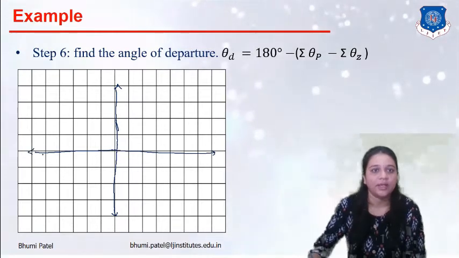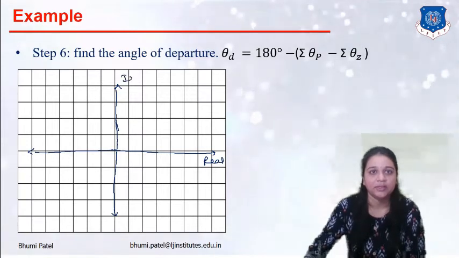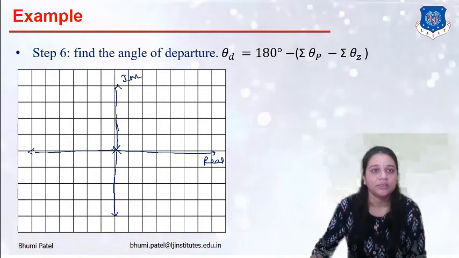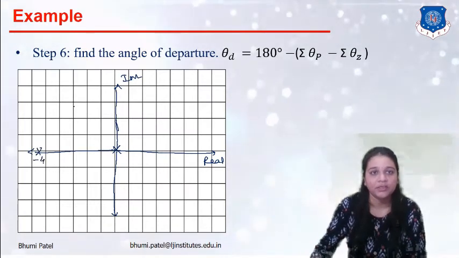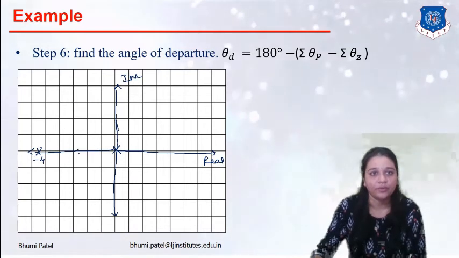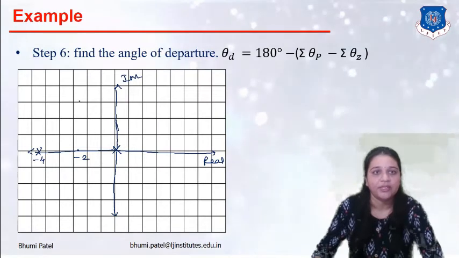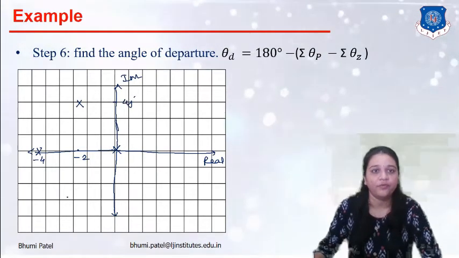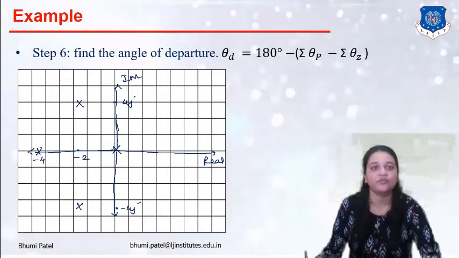Okay, so this is my real axis, this is my imaginary axis and the one pole location is 0, the second pole location is minus 4, the third pole location is minus 2 plus 4j, that means here this is my 4j, and the fourth pole location is minus 2 minus 4j.